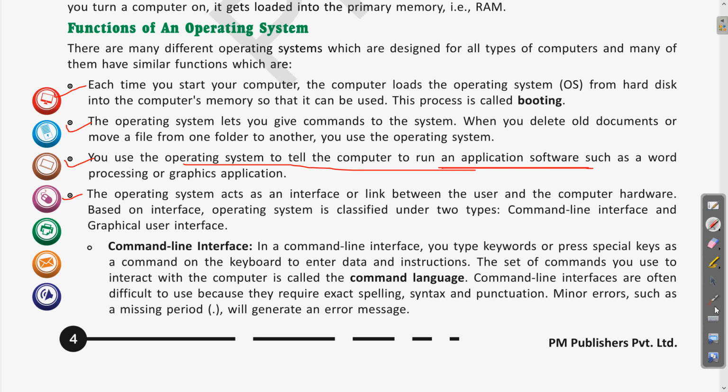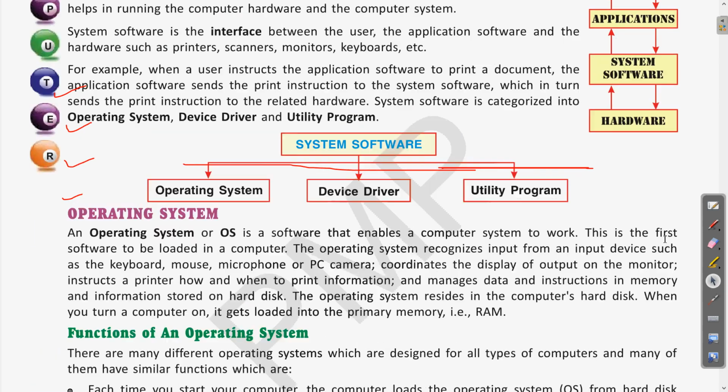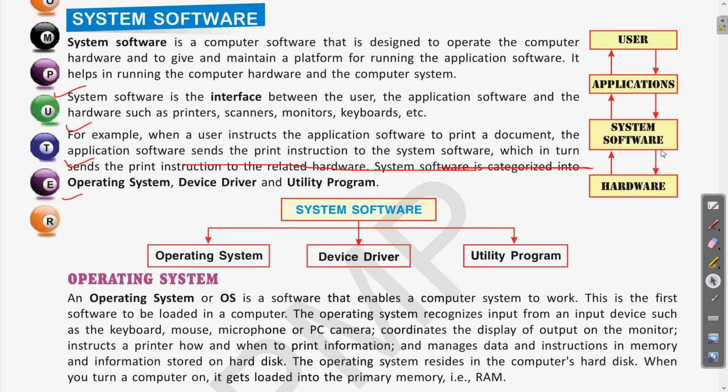The operating system acts as an interface or a link between the user and the computer hardware. This we have already discussed, that the operating system provides an interface for interaction between the user and the computer hardware. We have discussed this in the diagram as well. Let us come back to the diagram. See here, you can see the system software is managing and it interlinks whom?